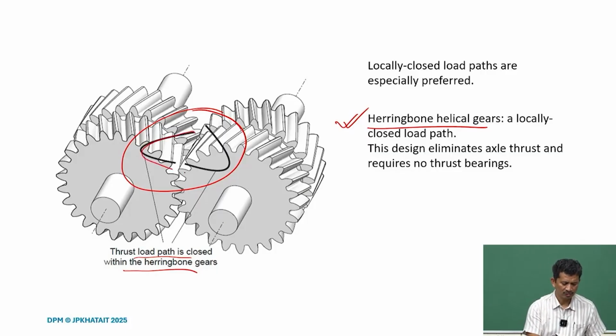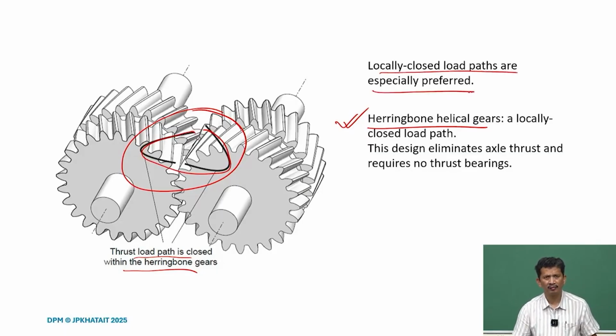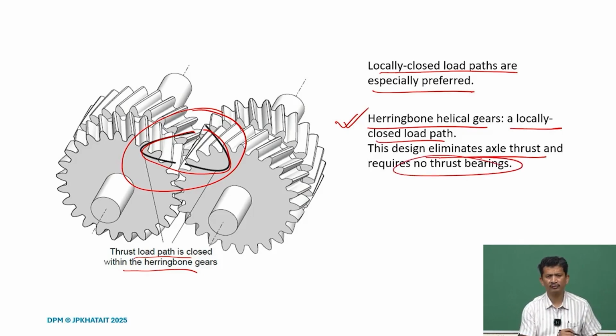So, it just cancels out locally. Locally closed load paths are preferred if it's possible. The design eliminates axial thrust and it eliminates the thrust bearing also. So, it is a saving again if we try to localize the load path.